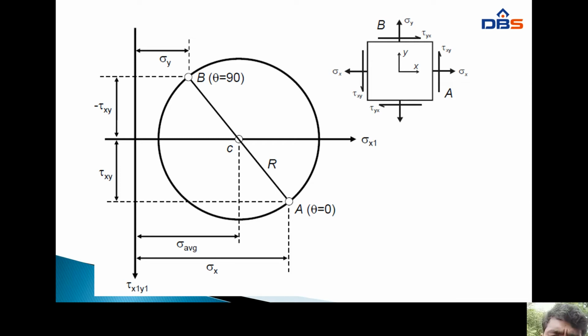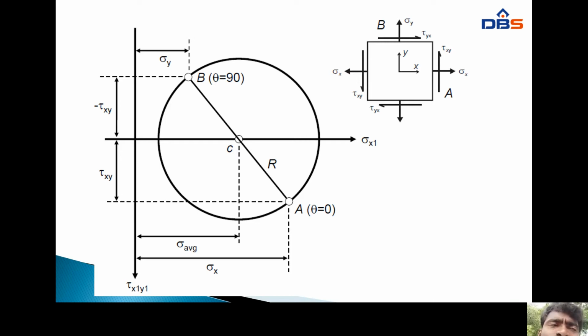Next, some shear stresses are acting on the body. Upward shear stress is positive direction, that is, clockwise direction is positive and anti-clockwise direction is negative. Some inclined line called AB is the shear stress line, and A is theta equal to 0 and B is theta equal to 90, and C is the center point, R is the radius of the circle.